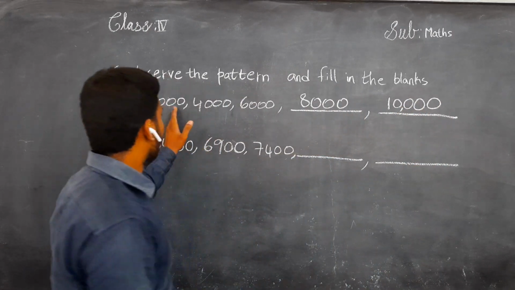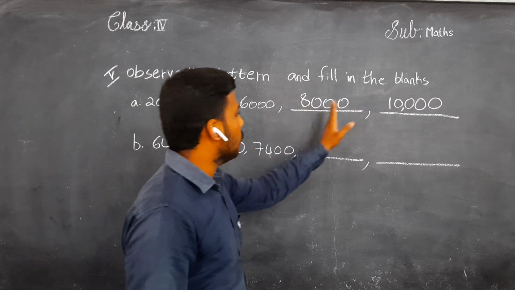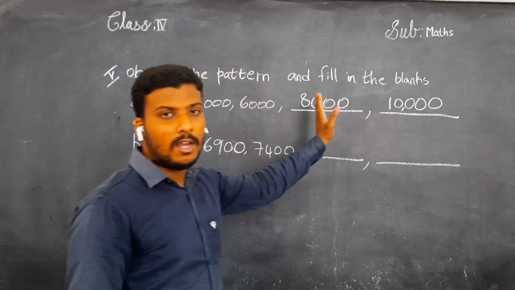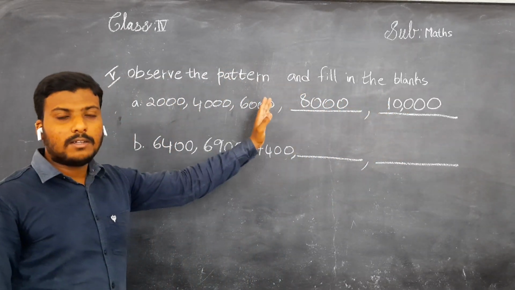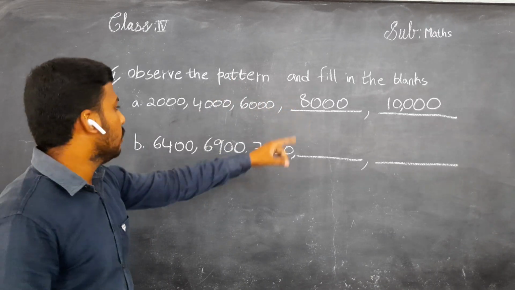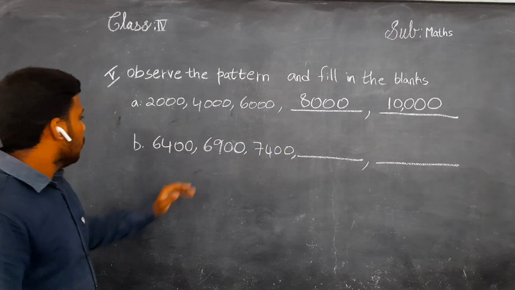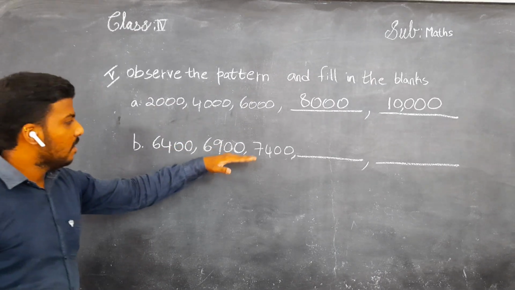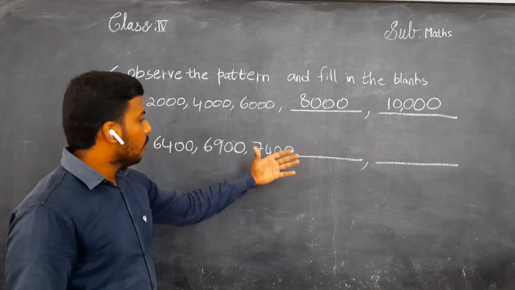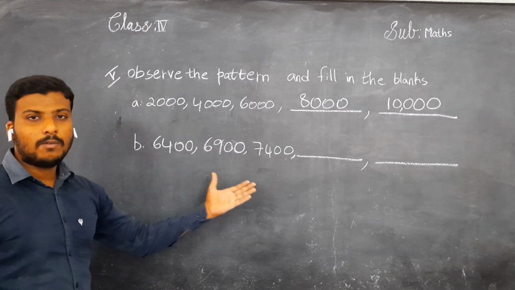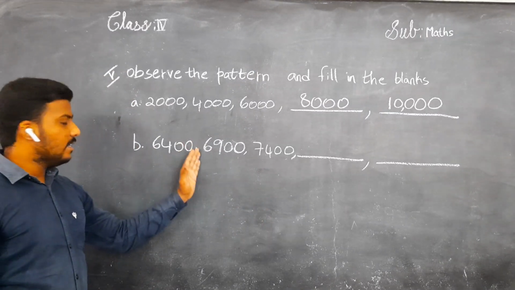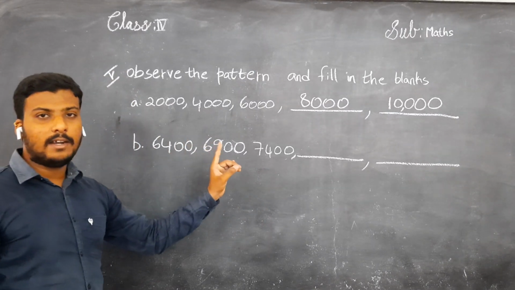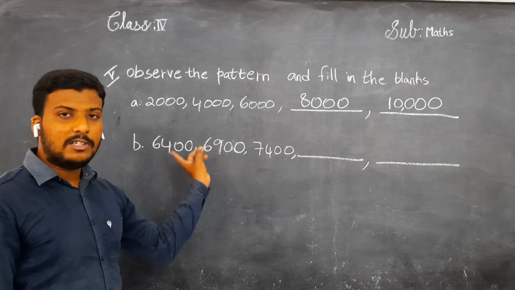See, 2000, 4000, 6000, 8000, 10,000. We observe that in each and every number there is a difference of 2000. Right now, see the B part, that is 6400, 6900 and 7400. By looking at these three numbers, what do you observe? There is a difference of 500 between each number.